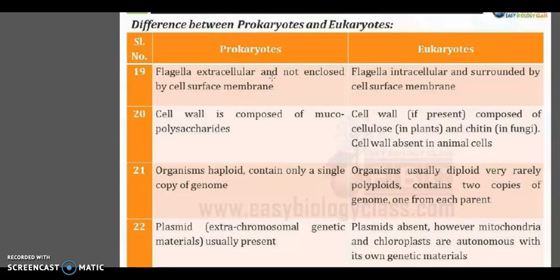The organisms are usually haploid and contain only a single copy of the genome in prokaryotes, whereas eukaryotes are usually diploid, and very rarely polyploid, containing two copies of the genome, one from each parent. Plasmid, the extrachromosomal genetic material, is usually present in prokaryotes, whereas in eukaryotes these plasmids are absent. However, mitochondria and chloroplast are autonomous with their own genetic material.